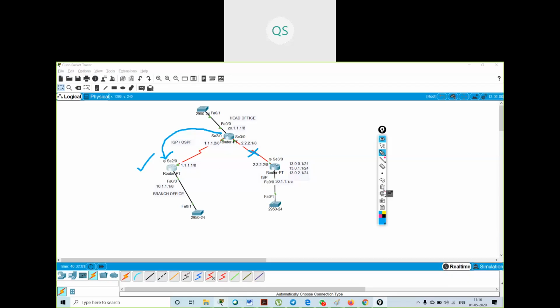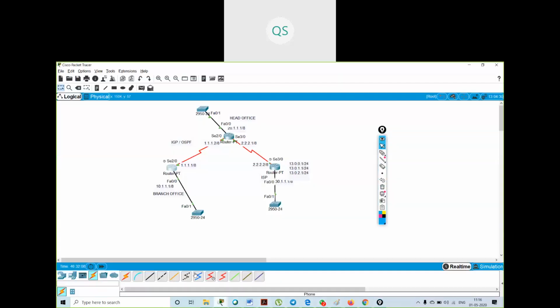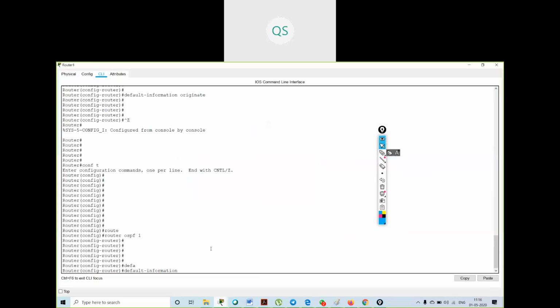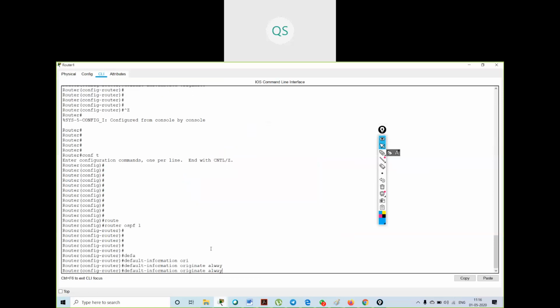So what I can do, I can write a command over here. I can go to my head office and say router OSPF 1, then say default information originate always.